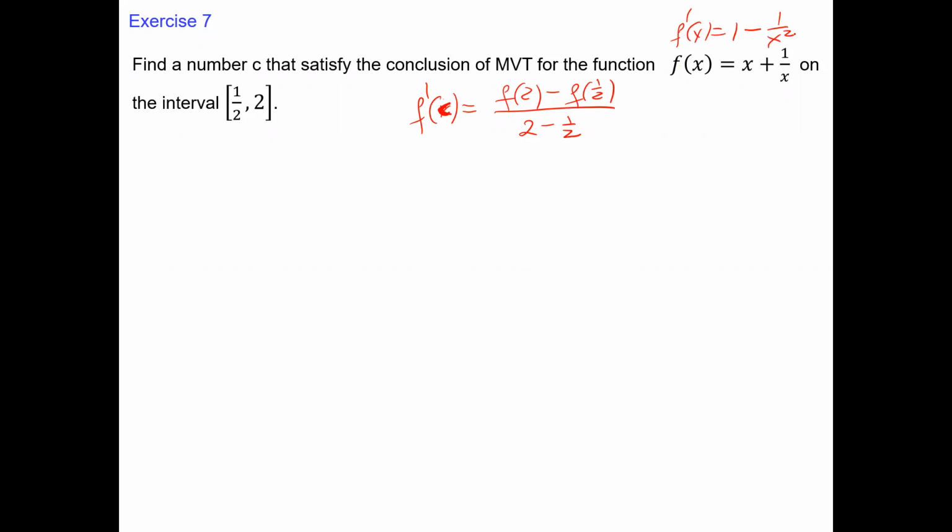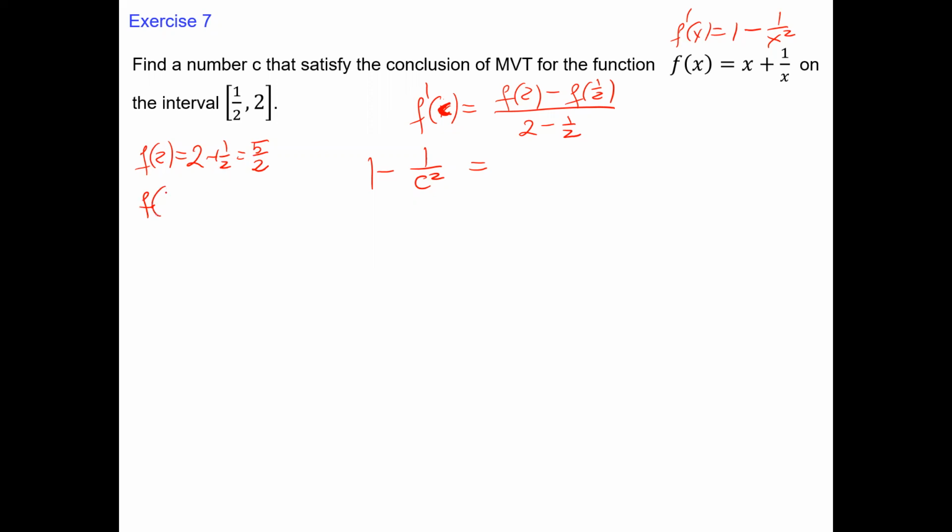Because derivative of 1 over x is negative 1 over x squared. So 1 minus 1 over c squared, because we're substituting c. Value for 2 will be 2 plus half, 5 halves.